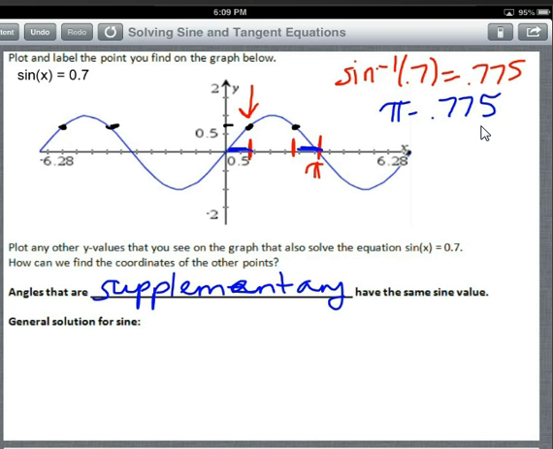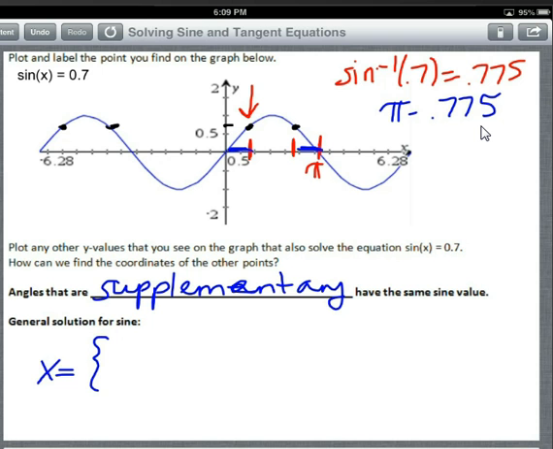Now let's figure out the general solution for sine. I'm going to write it a little bit differently.